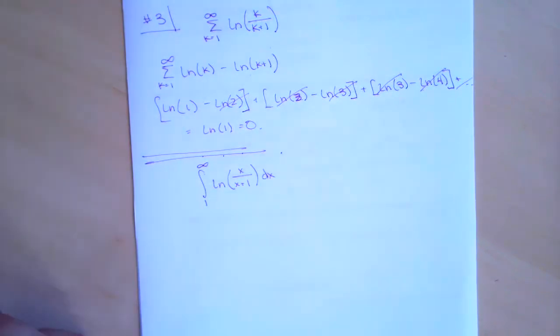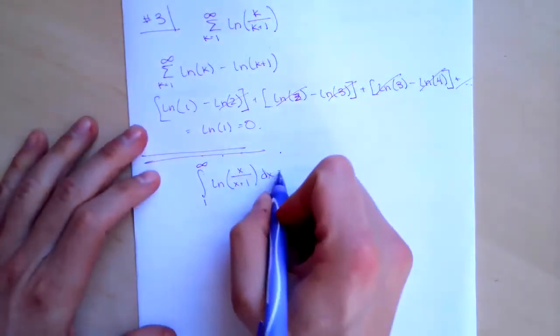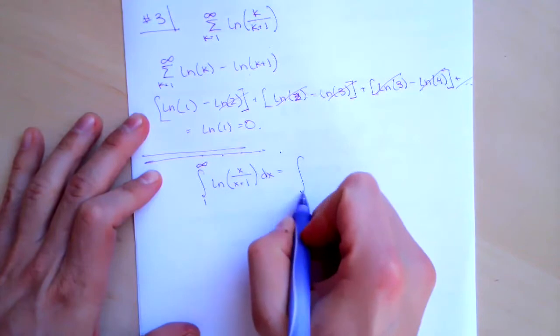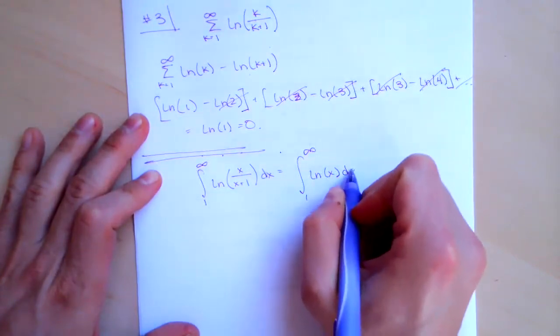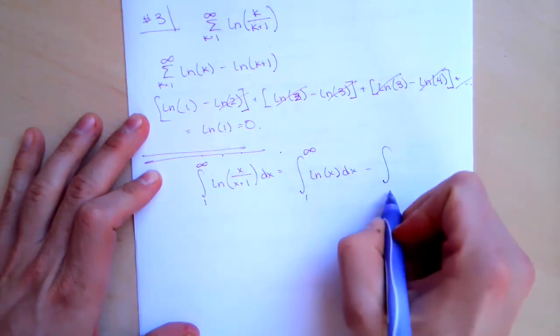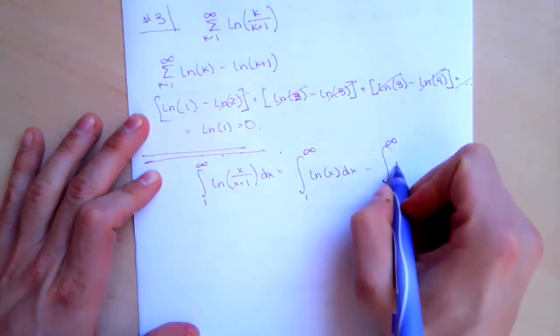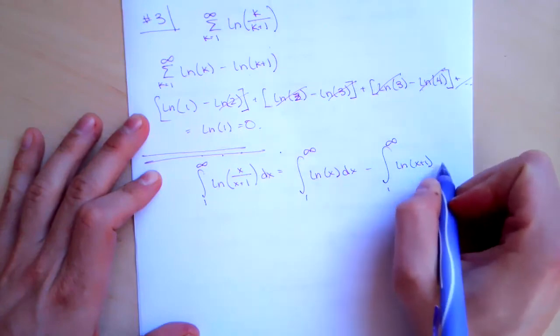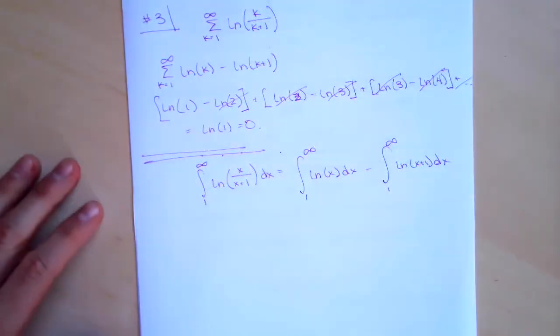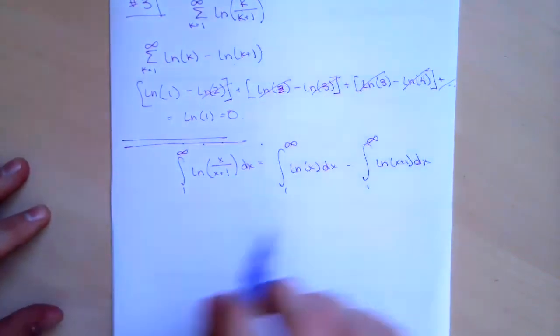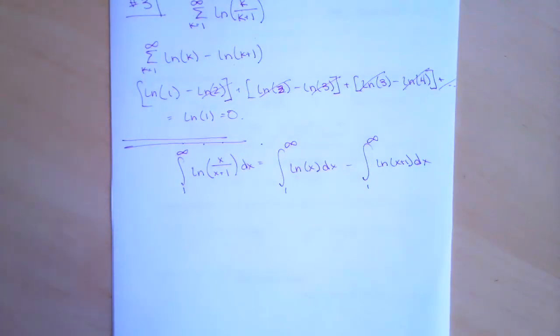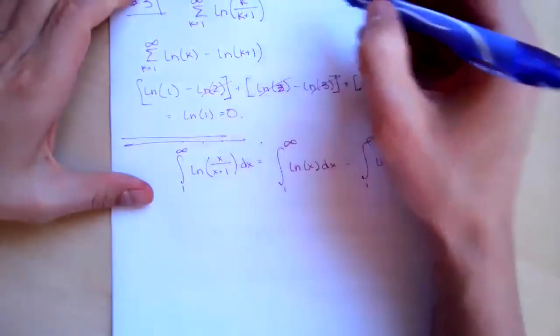It's not quite immediate, but since we saw the natural log trick, we can write it as natural log of x plus natural log of x plus 1, and split our integrals. Okay, those look like nicer integrals, but this is what I was saying: you have to remember how to integrate natural logs, and you have to do it twice.